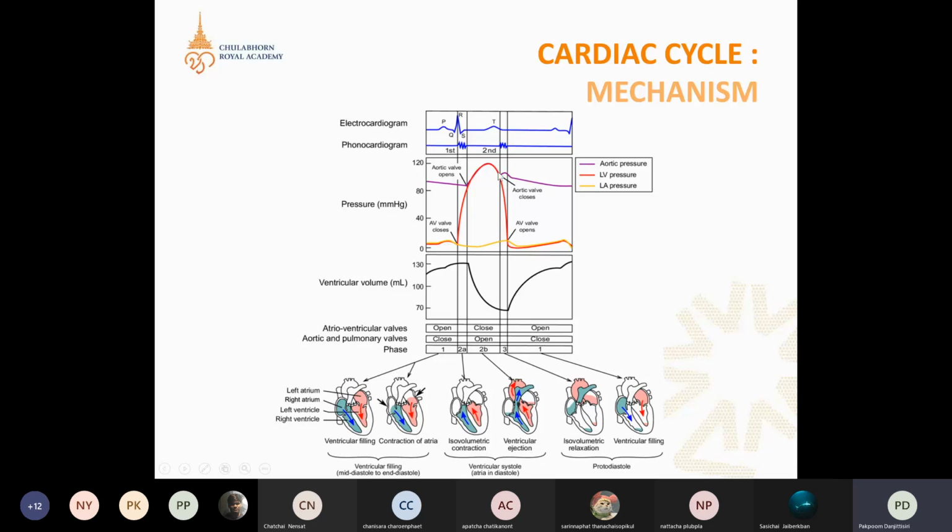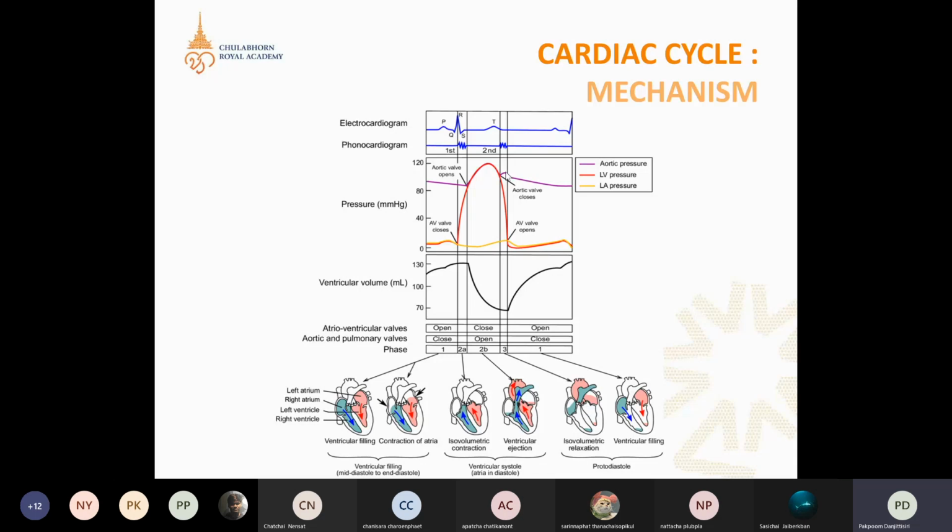Interestingly, at this point, after the aortic valve closes, you will see a bump over here. The bump refers to the aortic valve closing because of the compliance of the aorta, which is a property of the aorta: after the left ventricle pumps blood into the aorta, it will dilate a bit, making it more compliant.